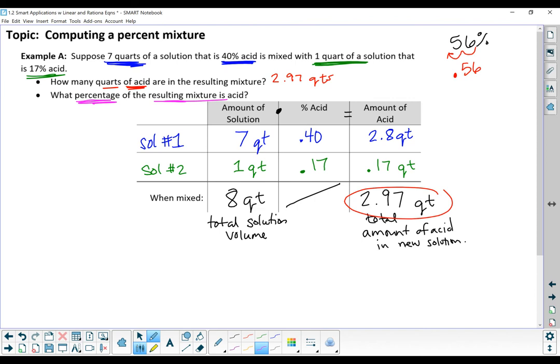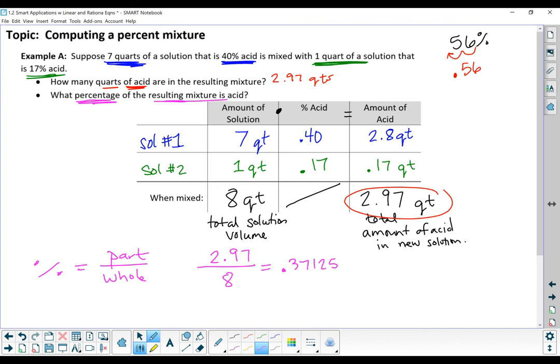Well, a percentage is calculated as part over whole. So the part of the solution that's acid is 2.97 out of the 8 quarts. When you do that computation, you're going to get a decimal value, 0.37125.